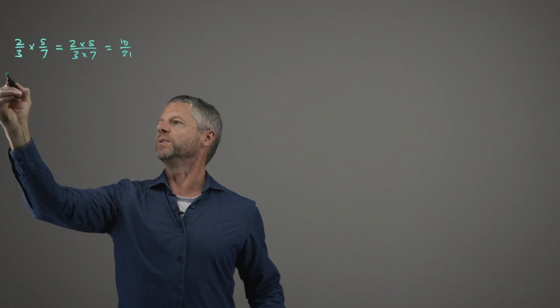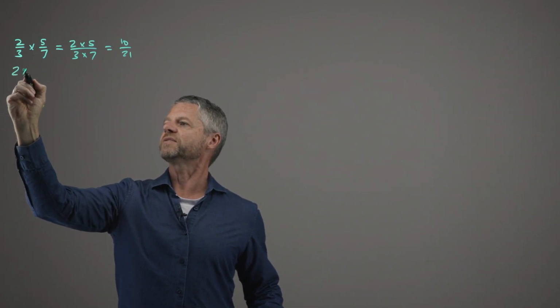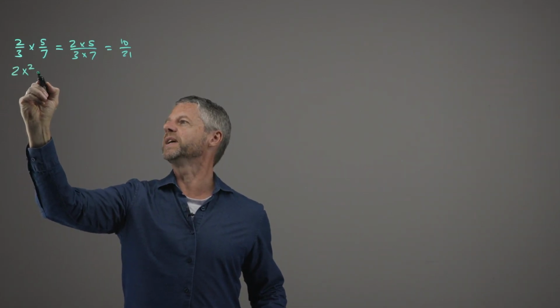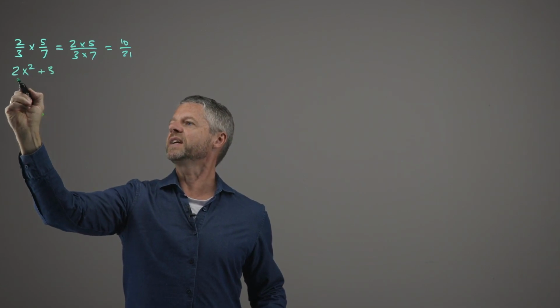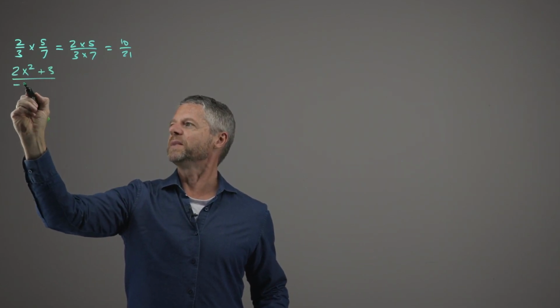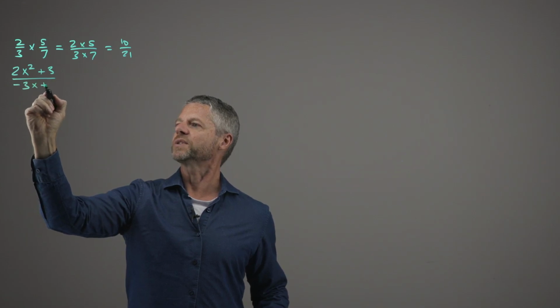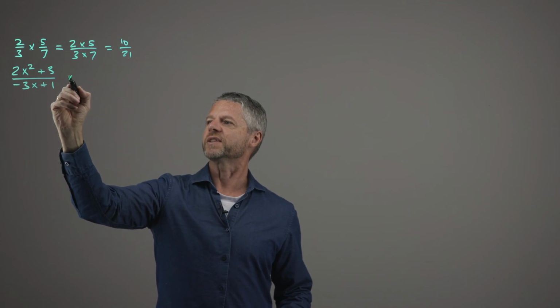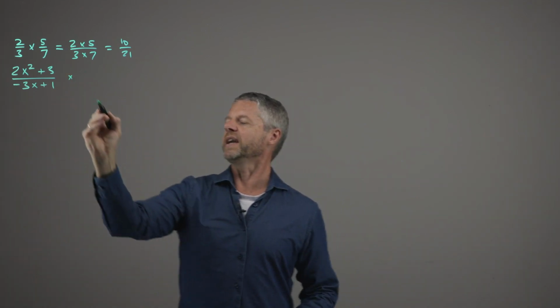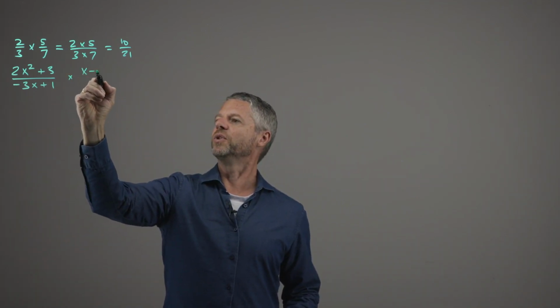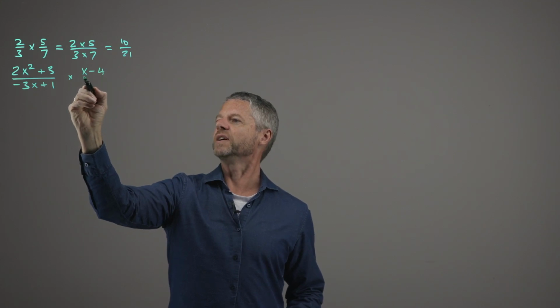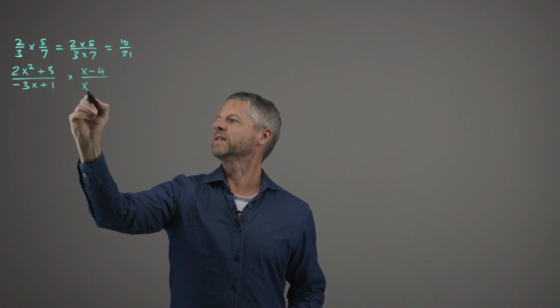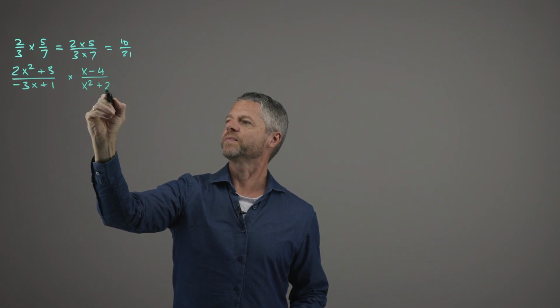So for example, if I have this rational expression, 2x squared plus 3 divided by minus 3x plus 1, and I want to multiply that rational expression by x minus 4 over x squared plus 2.